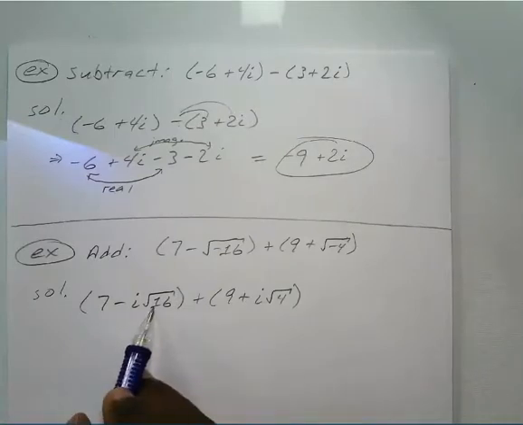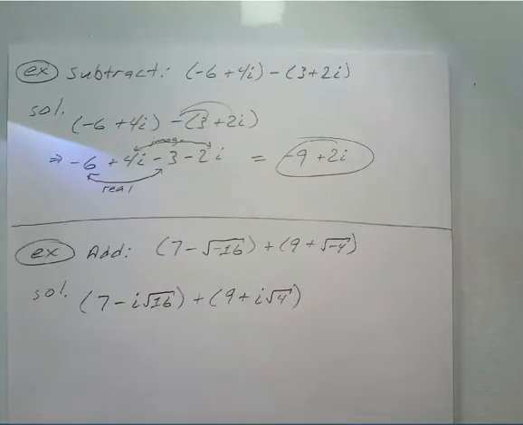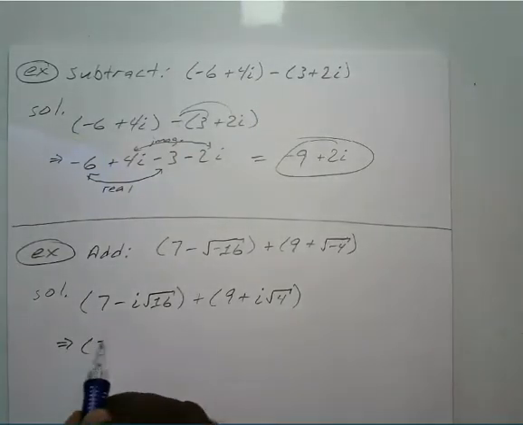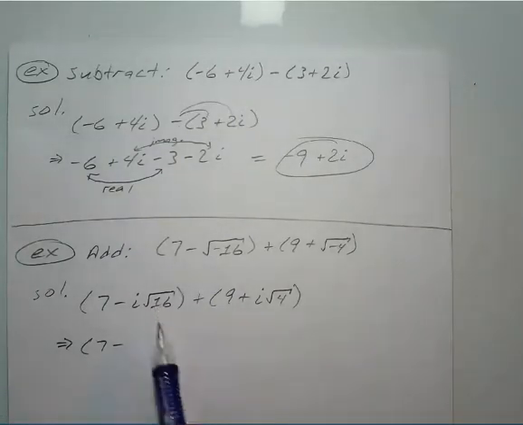Now, remember our first step is to always get rid of the square roots. We don't want any root symbols. We want to go right into the form of i. So we have 7 minus square root of 16. It's positive or negative 4, but we're just going to use the positive.